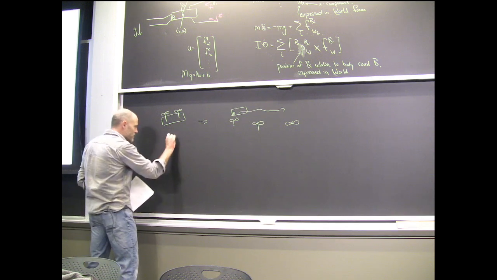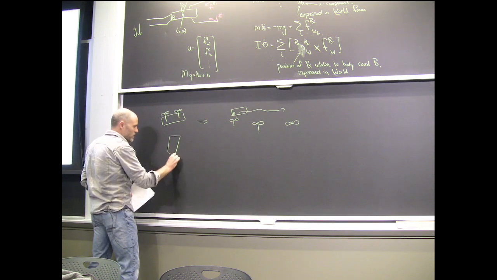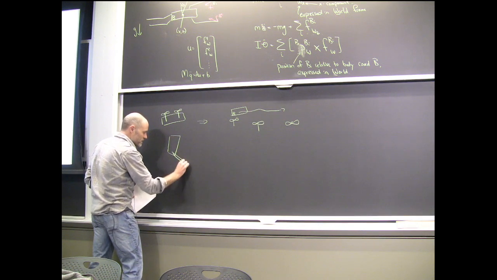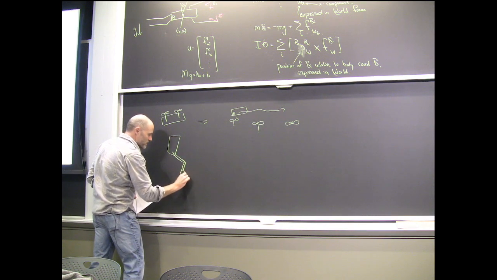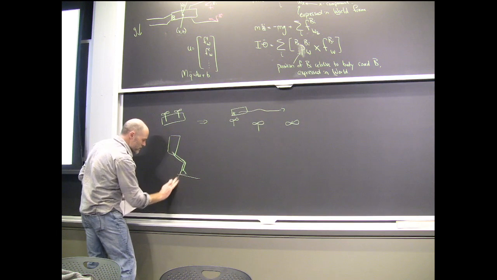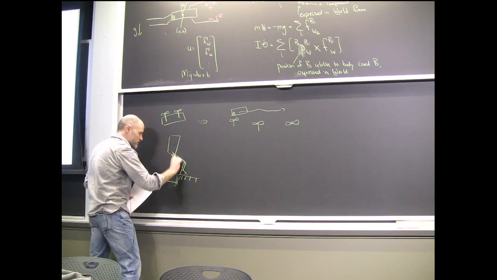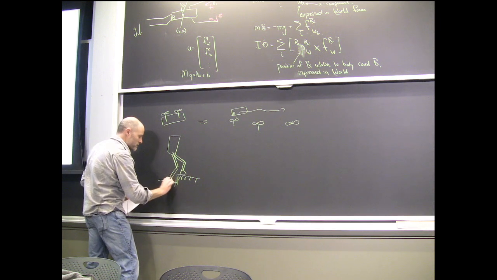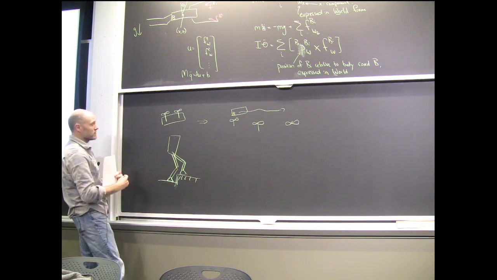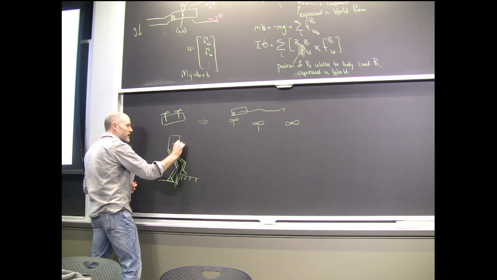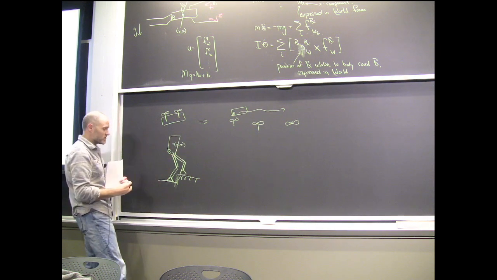To continue the questionable drawings, let me draw my little humanoid here, okay? So if I've got a humanoid walking, it's the same picture, right? So if I had a body B here, and it's got its X, Z position, that's why I used Z, right?